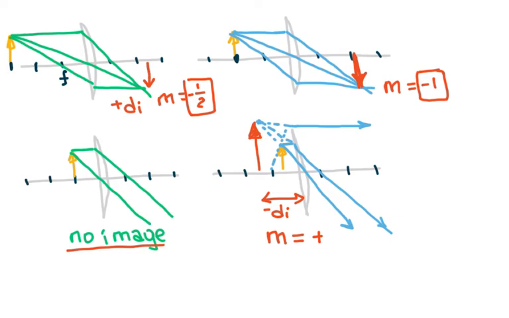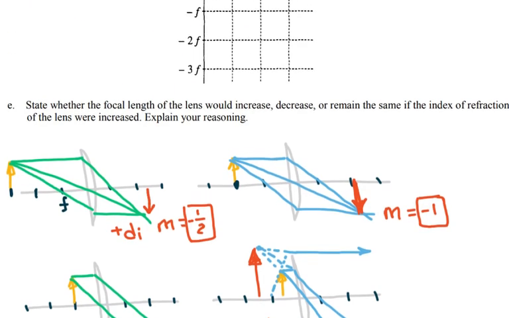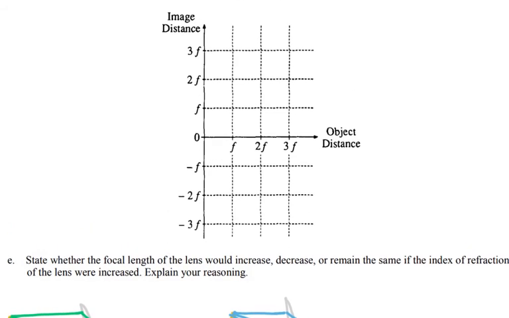If the object is placed between the focal length and the lens, then you have a virtual image and di is negative. And when the object is placed at the focal length, you get no image. So at the focal length, you will get no image.